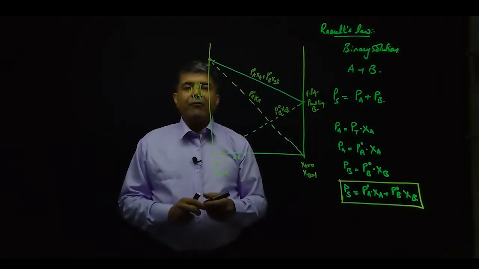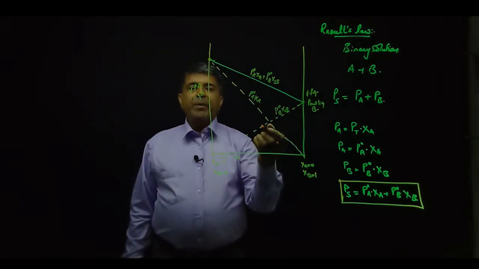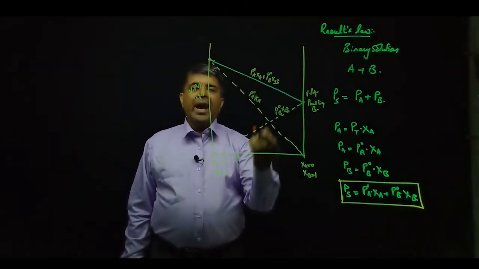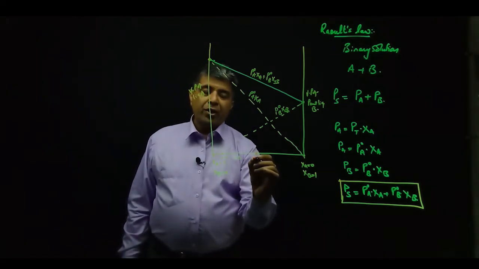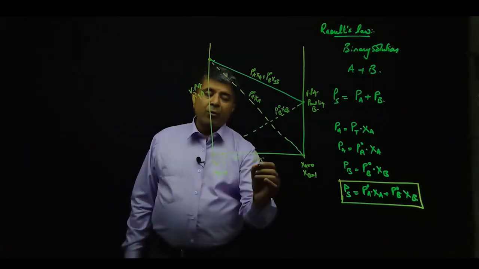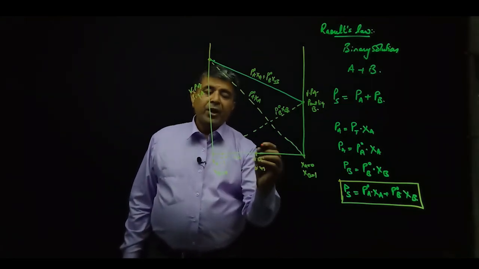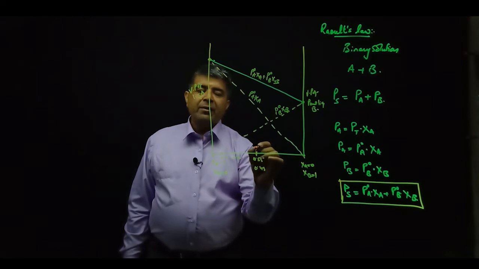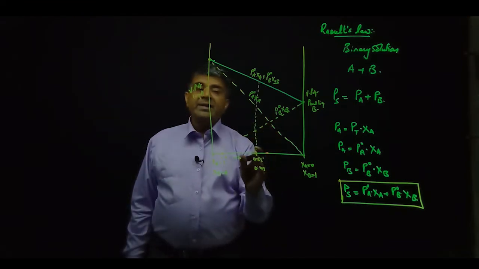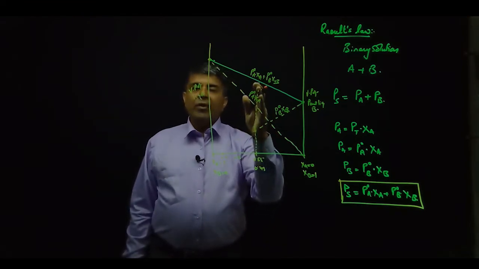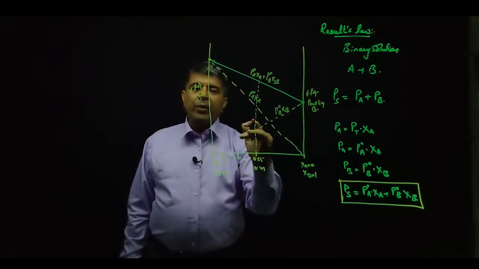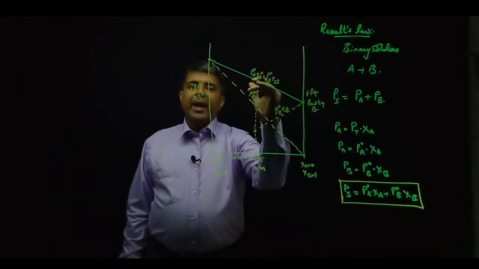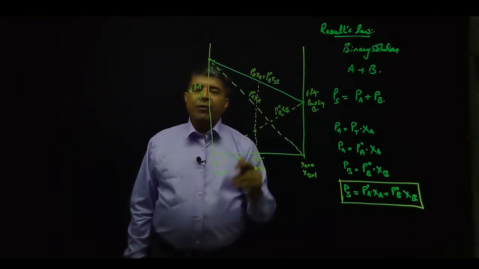Now suppose I have to calculate the vapor pressure of a solution at a given mole fraction. Say at this point the mole fraction of A is 0.55 and the mole fraction of B would be 0.45. So if I extrapolate this point, the intercepts with the lines would give the corresponding vapor pressure contributed by liquid B, liquid A, and the effective vapor pressure of the solution.